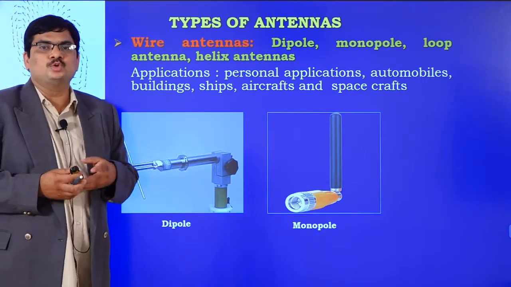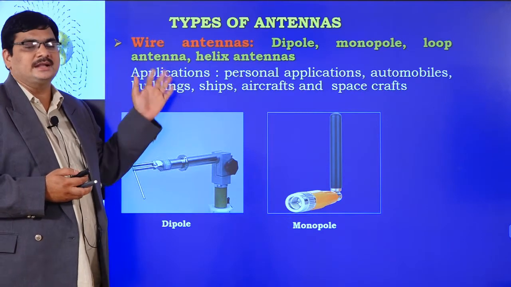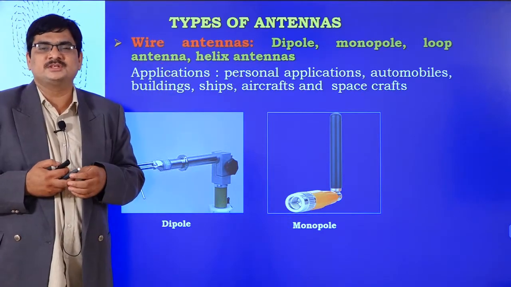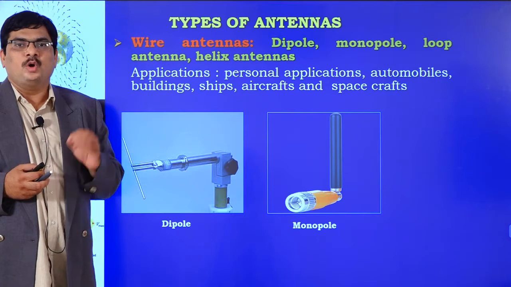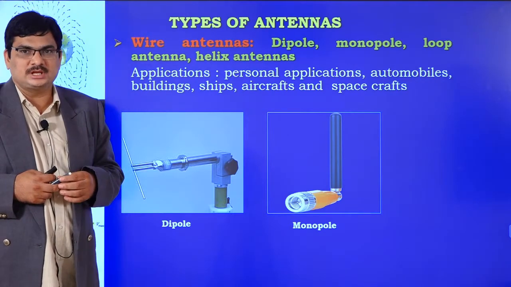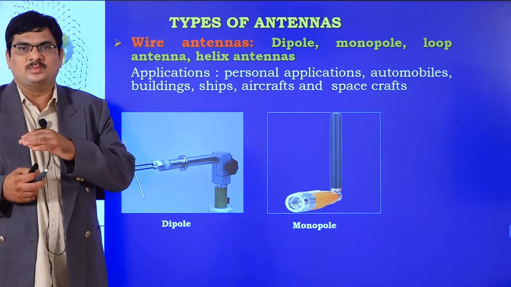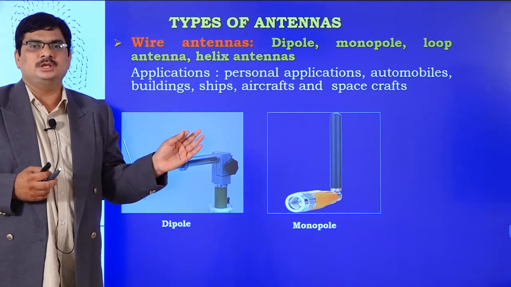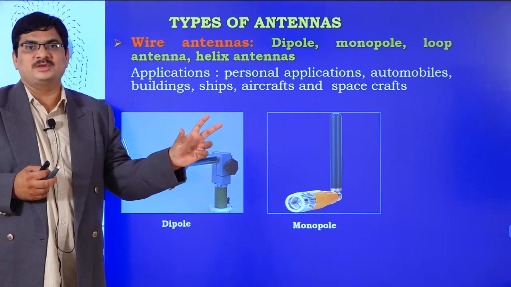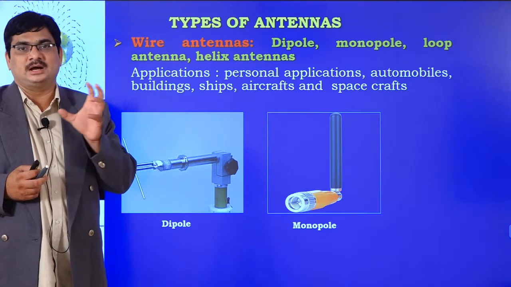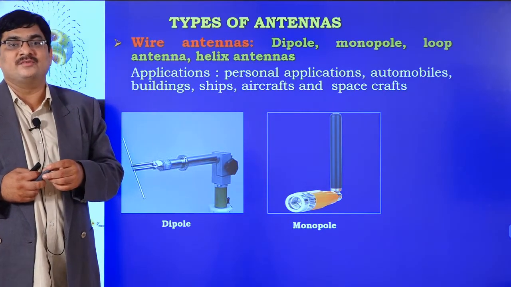So before going to types of antennas, I am giving a brief description of an antenna. An antenna is a transducer which converts one form of energy into another form, that is, the input is electrical power and the other form is electromagnetic wave.